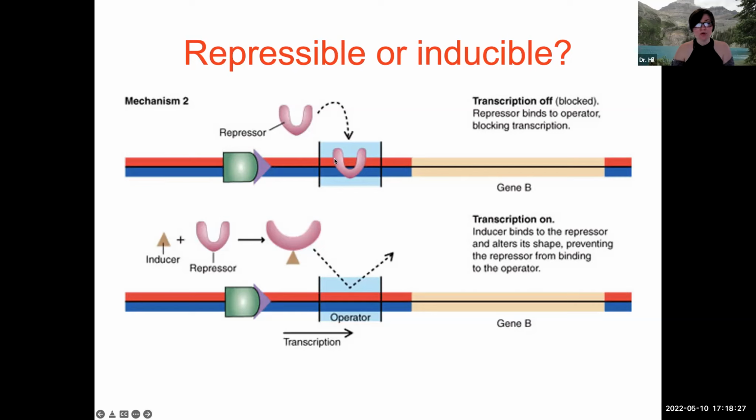If you want to remove this, this requires some kind of environmental signal that will bind to and relax the repressor so that it leaves the operator, allowing transcription. Is this the definition of a repressible or inducible gene? The default state is that transcription is not happening, and we need some kind of environmental signal to allow transcription to happen.